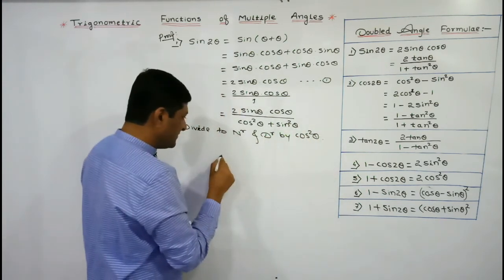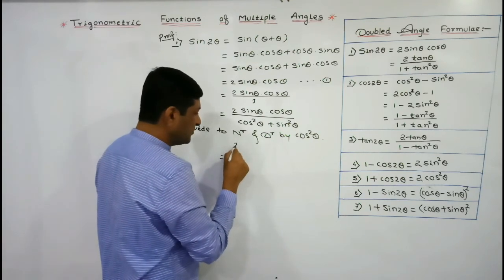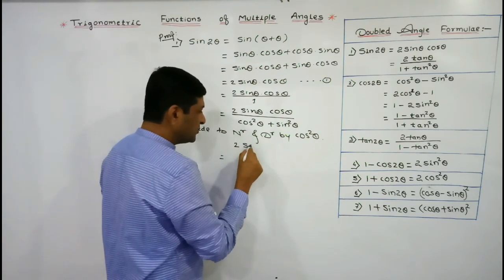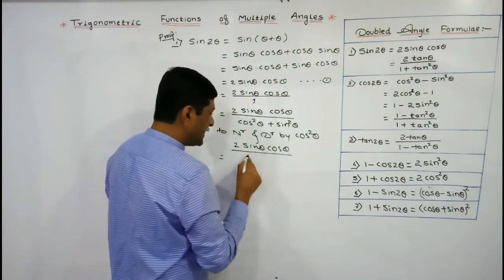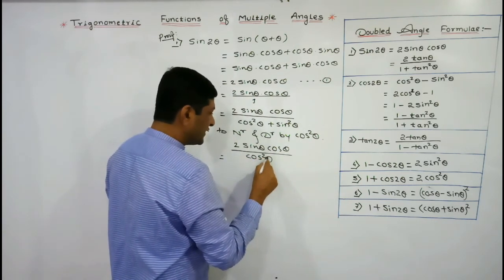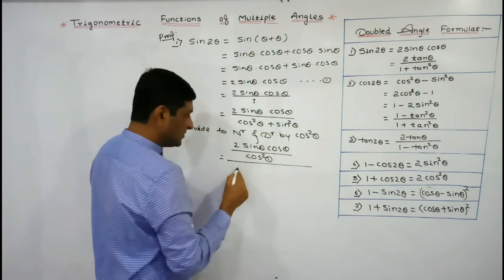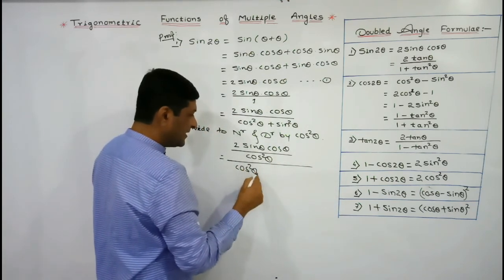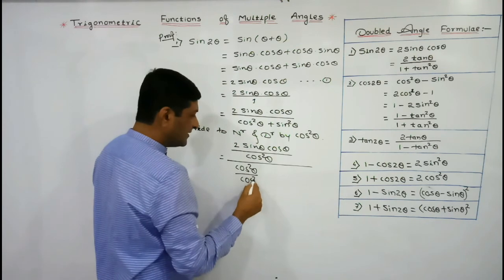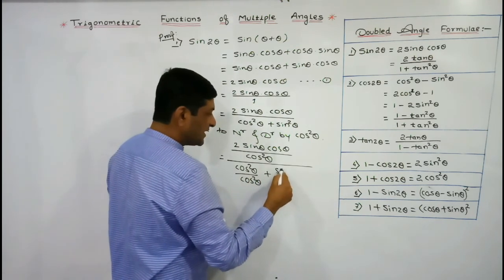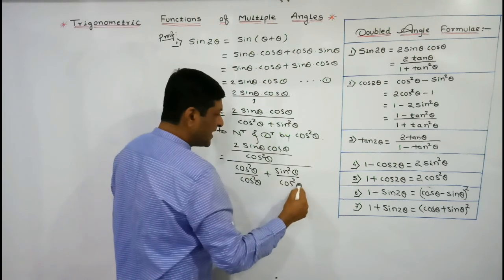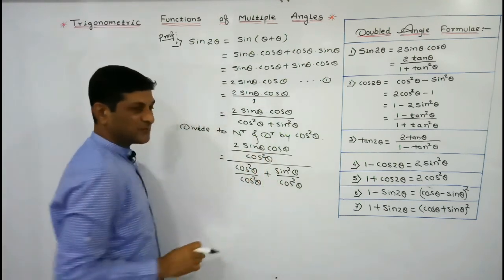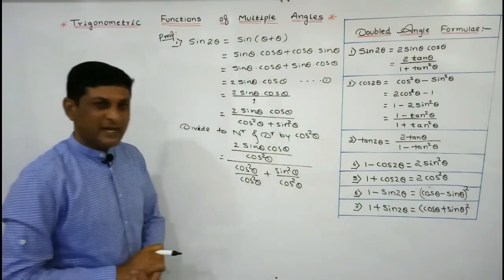Let us see what we are getting if we divide the numerator by cos square theta: 2 sine theta upon cos theta divided by cos square theta, and in the denominator also cos square theta upon cos square theta plus sine square theta upon cos square theta. Just as we are dividing the numerator by cos square, that's why we are dividing the denominator also by cos square.